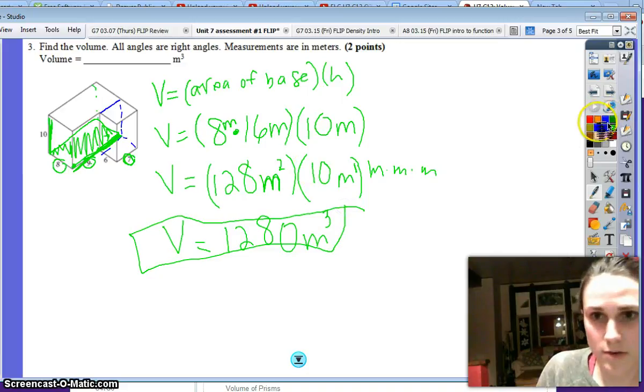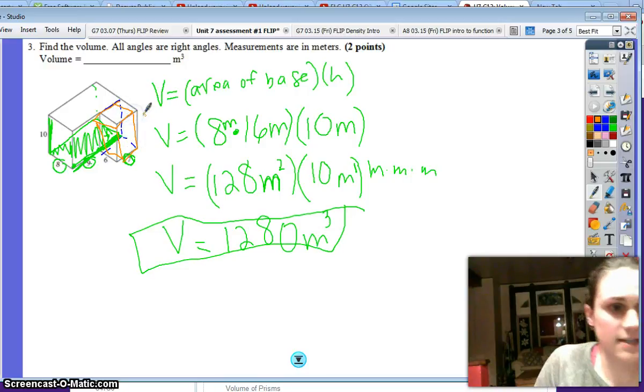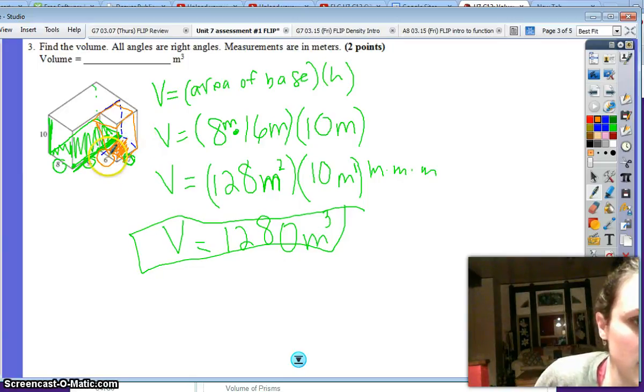Now let's find the volume of this chunk, because we want the volume of this entire figure. We notice that this is another rectangular prism. The base, this orange base, is a rectangle. The area of that rectangle is 6 times 7.